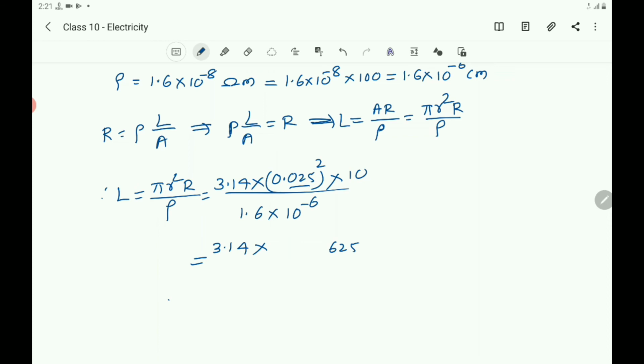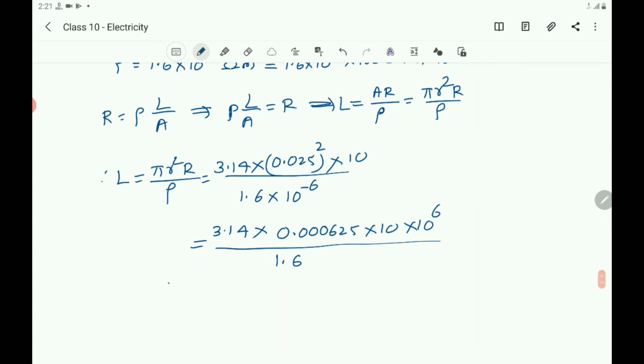Double of 3 means 6 digits after the decimal point, so 0.025 squared becomes 0.000625, into 10. Now you take this 10 to the power of minus 6 to the numerator, it becomes 10 to the power of 6, divided by 1.6.